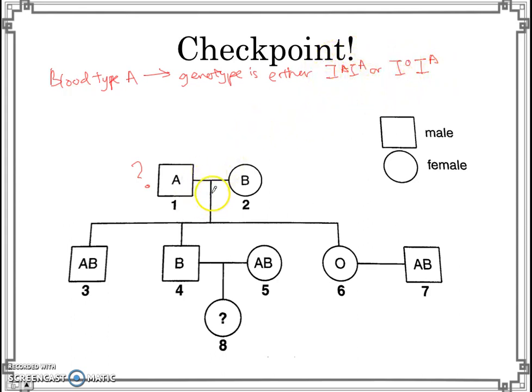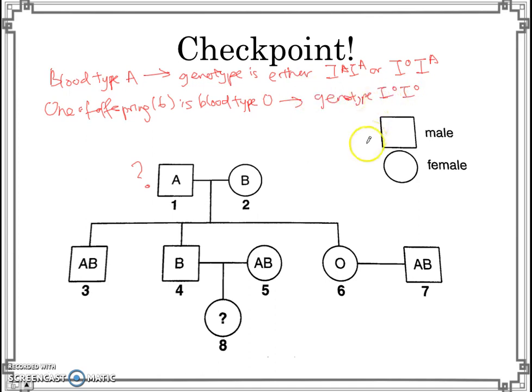So we have to look at either his offspring or his parents. In this case, we look at his offspring, and we notice that one of his offspring, person number 6, is blood type O, which means that it's definitely genotype IOIO. So what does that mean?